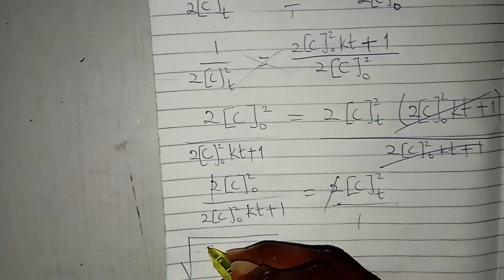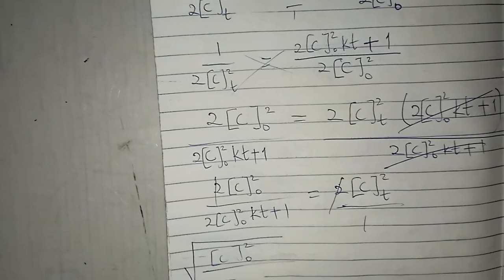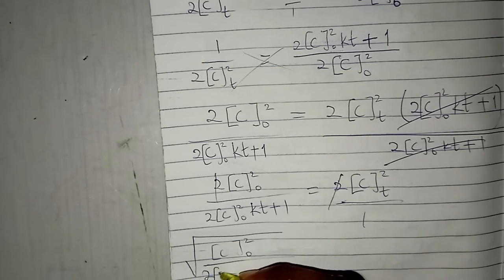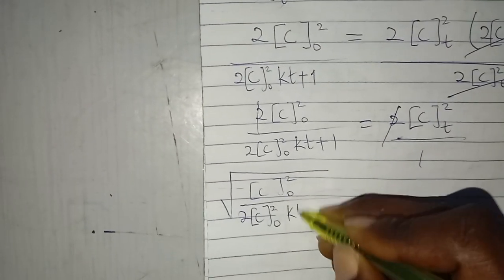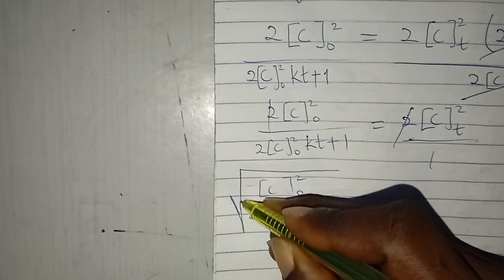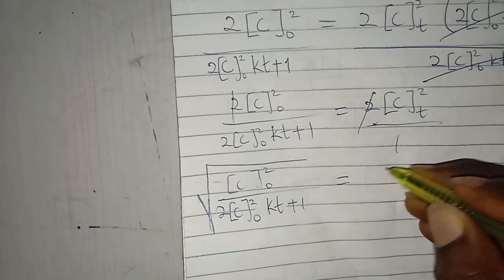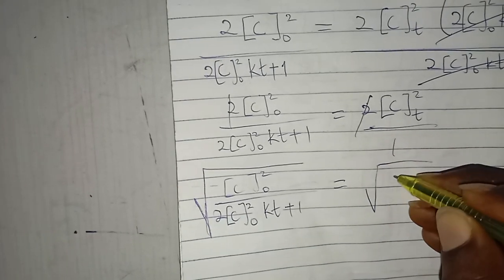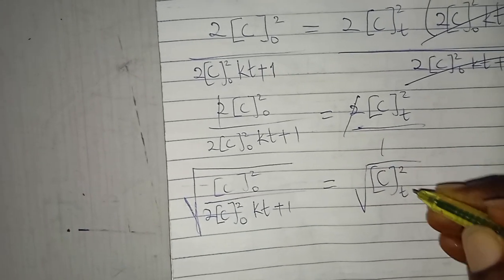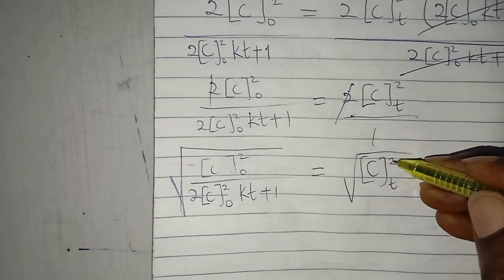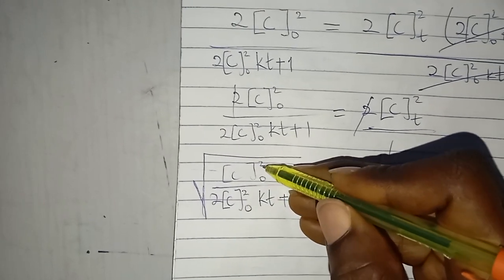So I have c square all over 2 concentration square Kt plus 1 is equals to square root of concentration at time t.